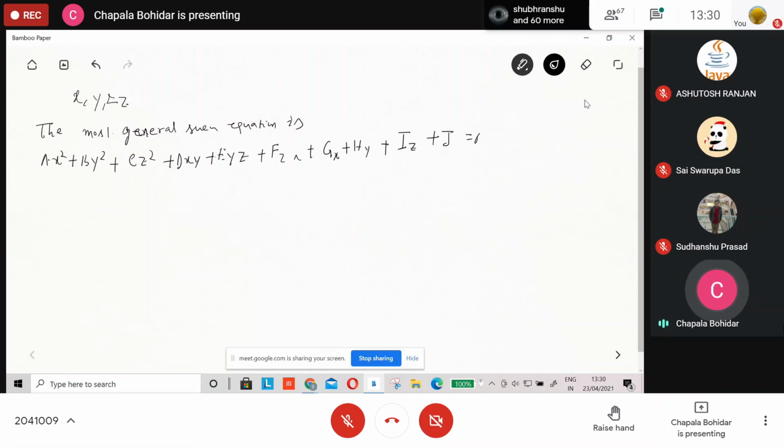Where a, b, c up to j are constants. Ma'am, last, what? Equals to 0. Yes, it is 0.